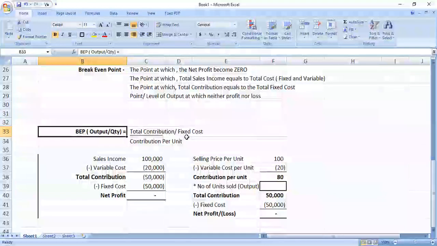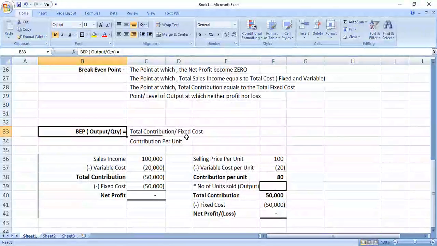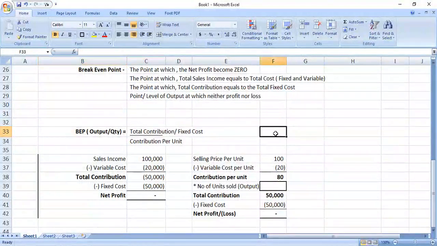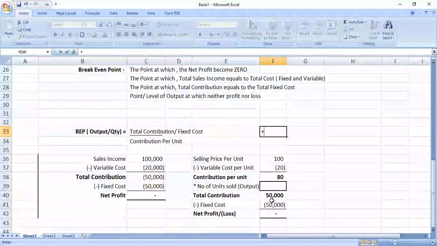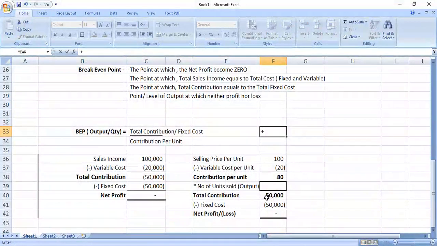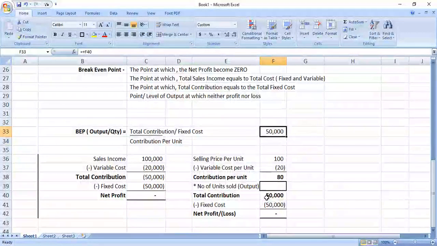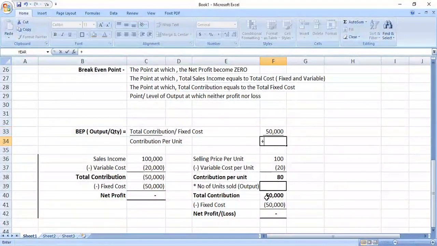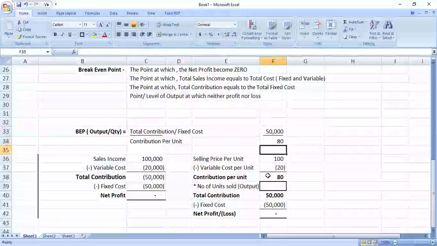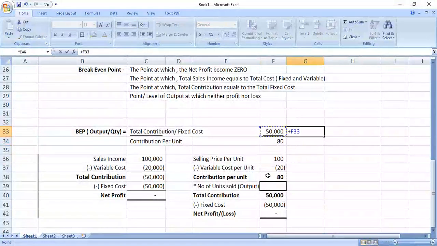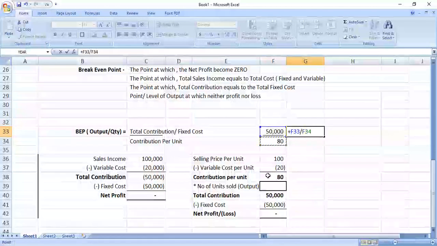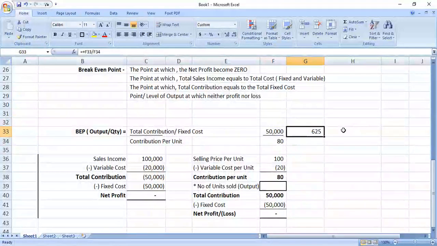So how many units should I sell to break even? My total contribution is the same as the fixed cost, so I take 50,000 and divide by the contribution per unit, which is 80. So 50,000 divided by 80 is 625 units.